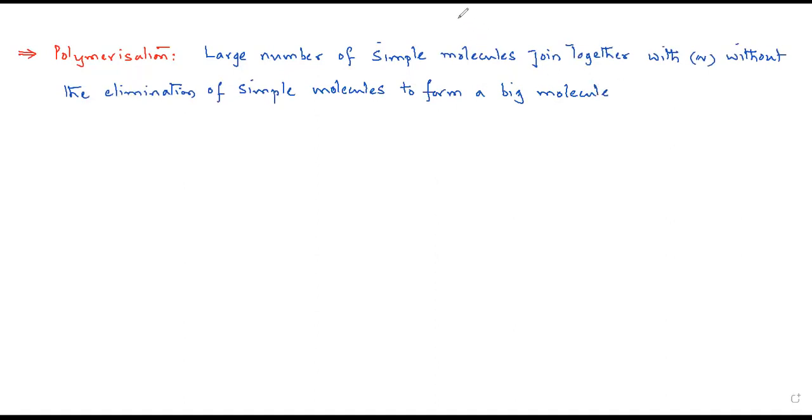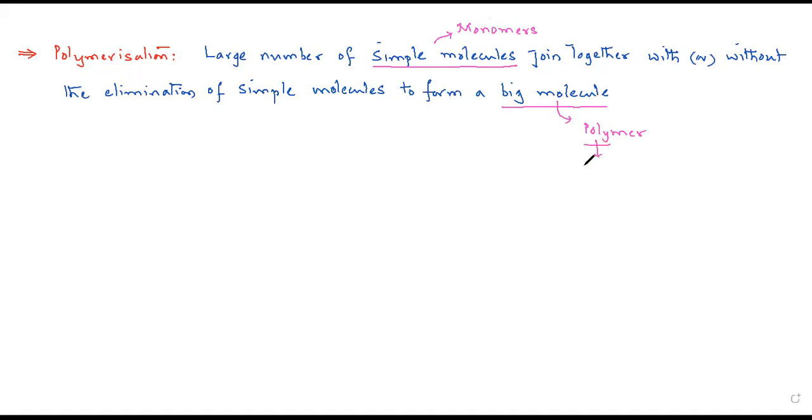You know, the simple molecules that are joined together are called monomers, right? And the big molecule, whatever is formed, is called polymer.